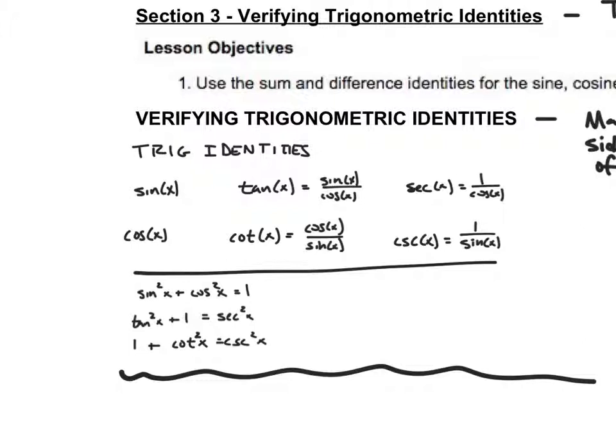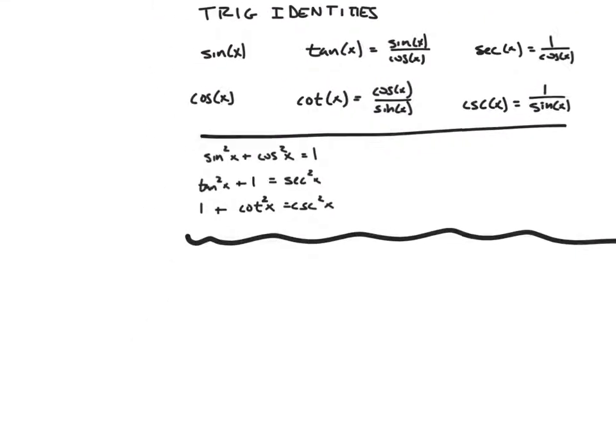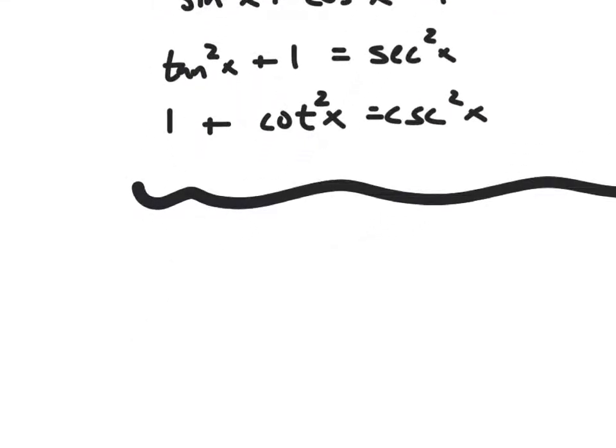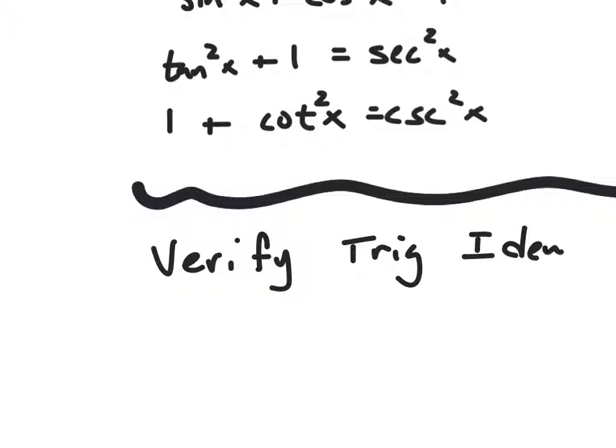So let's do this. Let's actually just jump into a problem. I'm just going to do a couple of examples because a lot of these problems are just kind of on a case-by-case basis. So I'm just going to verify the trig identity. Okay?